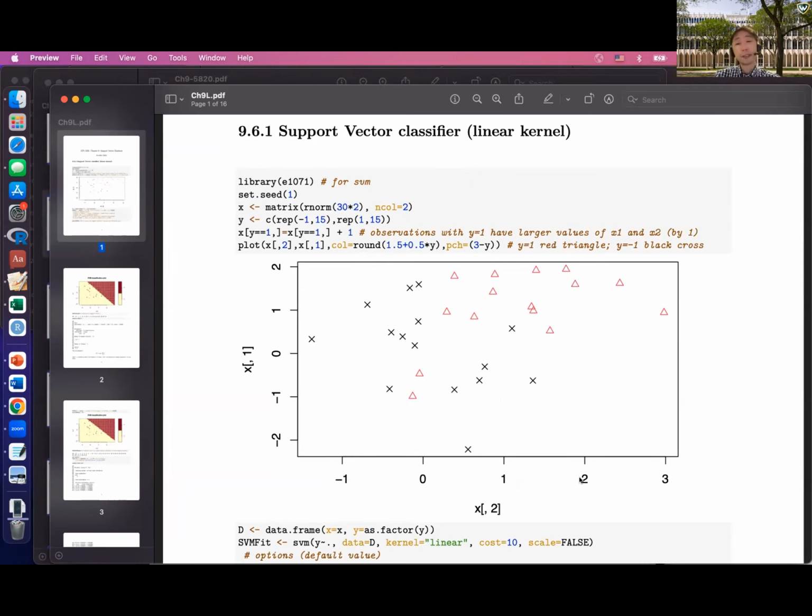That is a reasonable expectation. But it's not perfectly separable, because if we use a straight line, these two will be errors, and probably this one cannot be classified correctly either. So at least maybe 3 or 4 errors.